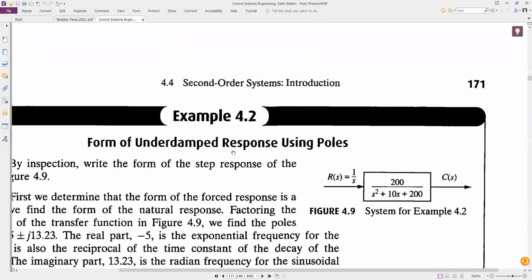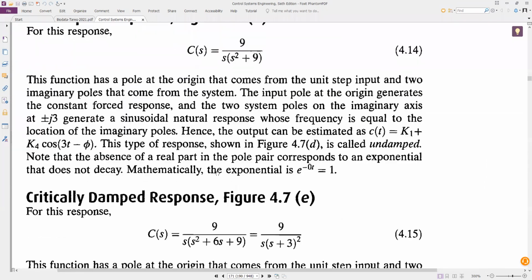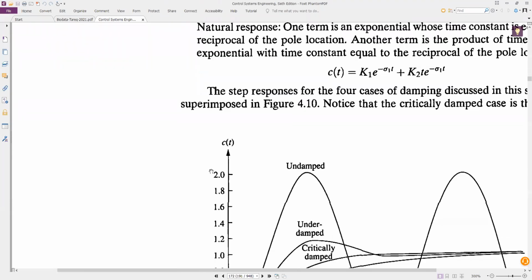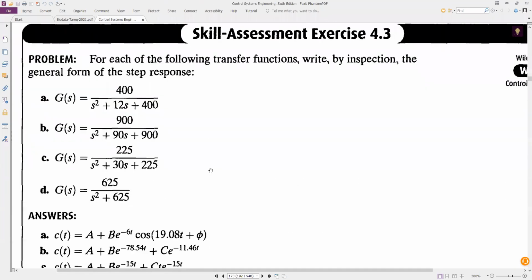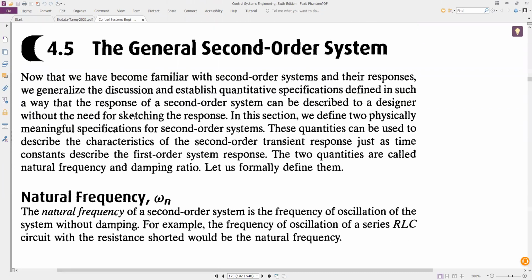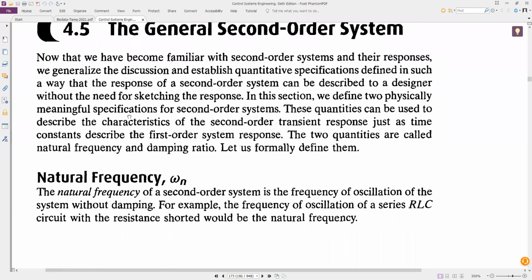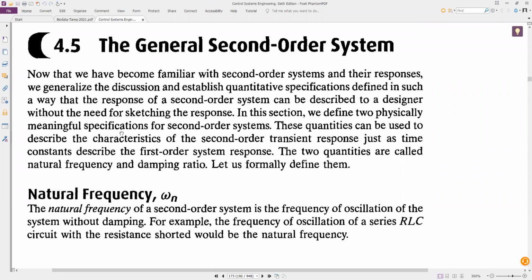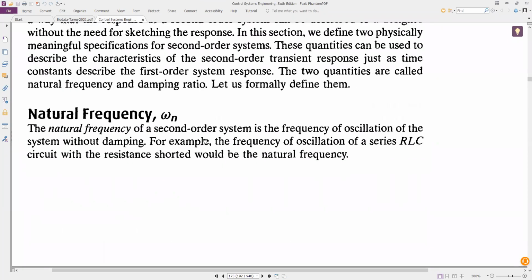Now I'm moving on. See, now the general second order system is given here. Let's see, a few things we need to remember. The natural frequency. The natural frequency of a second order system is the frequency of oscillation of the system without damping.